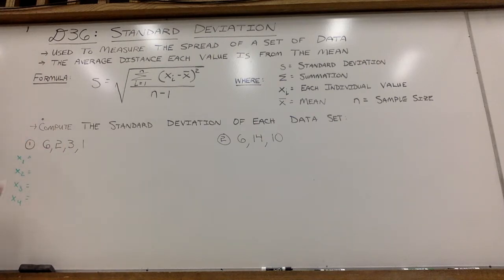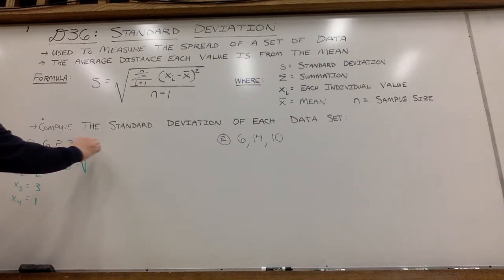Observation 1 is the number 6, observation 2 is 2, observation 3 is 3, and observation 4 is 1. So I'm going to label x sub 1 through 4 as 6, 2, 3, and 1.